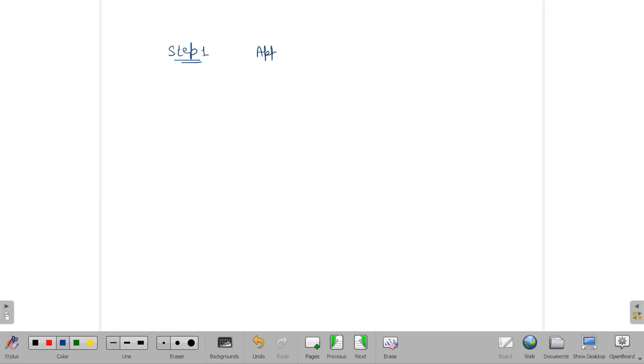Just write: reduce matrix A into upper triangular. Then call it U. U matrix. So that will give you U. Okay.